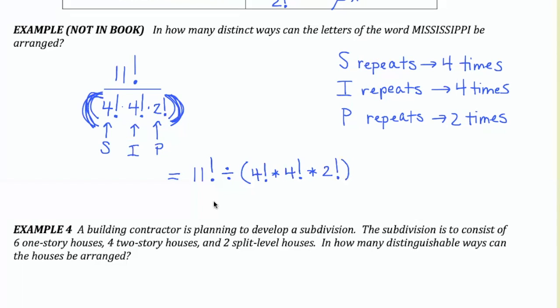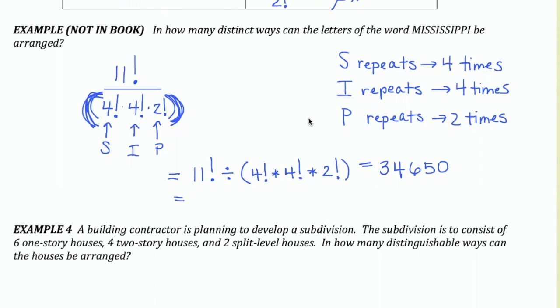Okay, so you should try this on whatever calculator you plan on using for this class. And the correct answer should be 34,650 different ways. If you leave off the parentheses, I'm getting the number 79 million, okay, which is way too high. When you get things that you can't distinguish, it should always reduce, make smaller the amount of possibilities that you have.